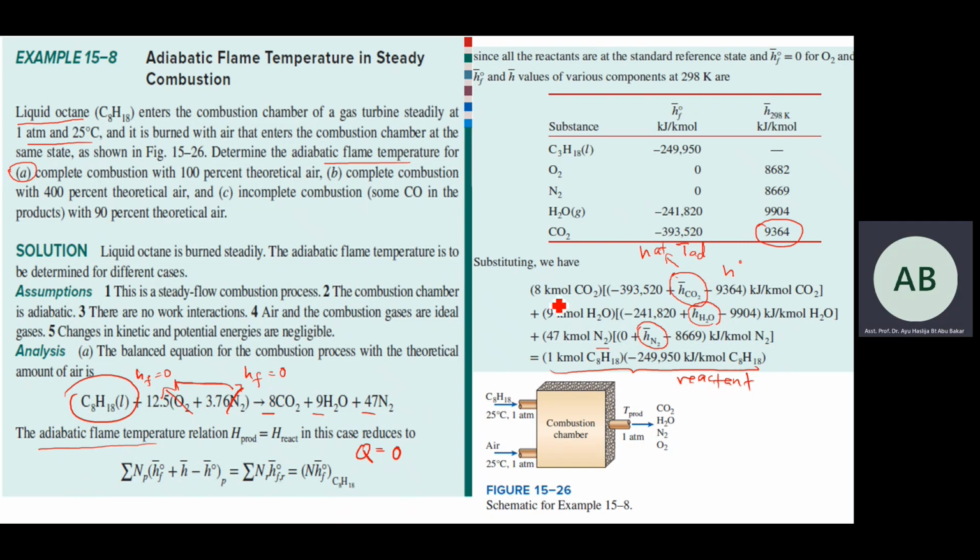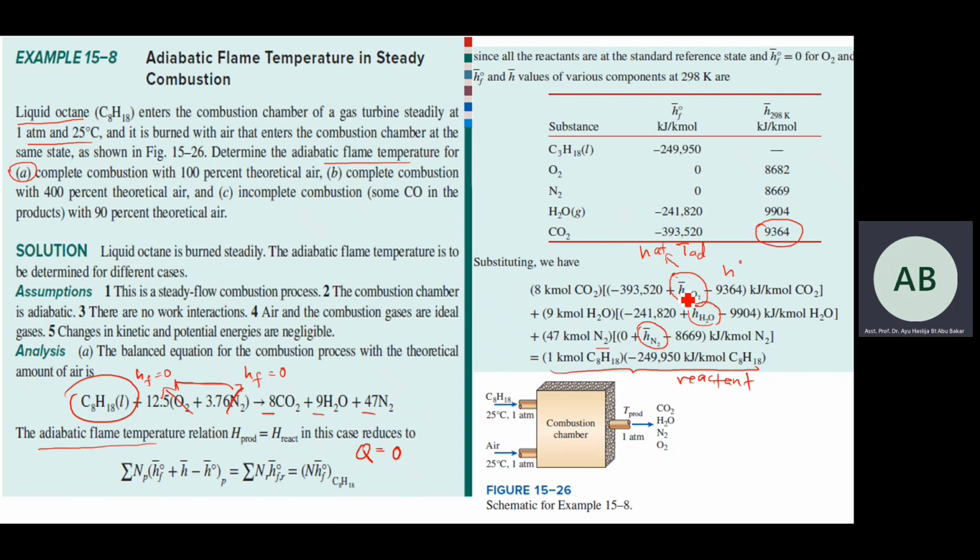Again I repeat, using this alternative method, instead of assuming T adiabatic in the initial state, they leave the enthalpy at T adiabatic as unknown. They do not assume any temperature yet, just leave the enthalpy of the components at T adiabatic unknown.